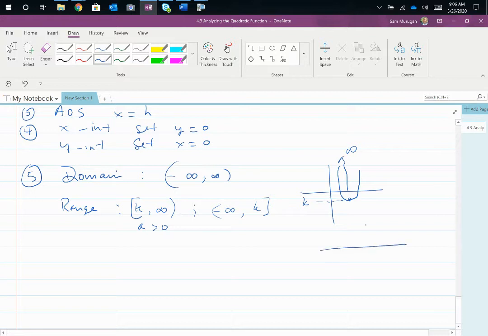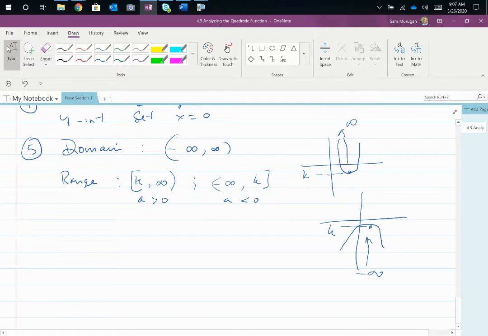And if the graph is turned downwards, then it would be from negative infinity up to k, which is what this is saying. So if a is less than 0 and the graph is turned downwards, then the range would be negative infinity and the k value. And step 6, you would have to determine where the graph is increasing and where it's decreasing.